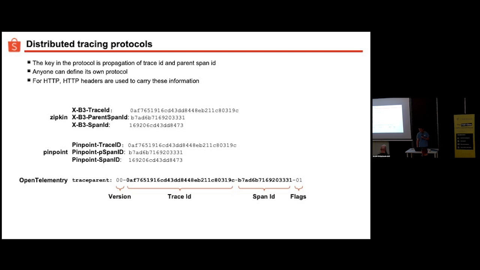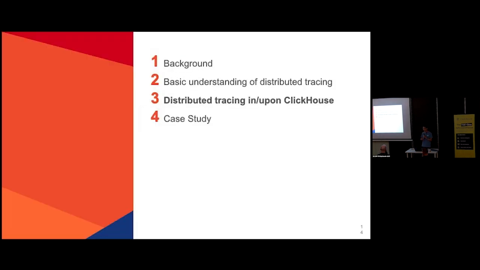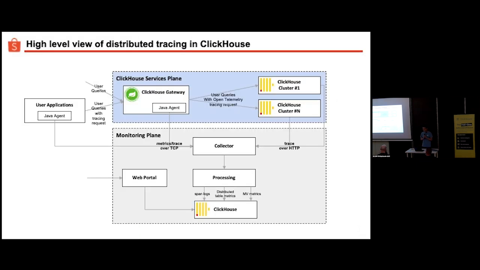So these are the basic information of distributed tracing. What we need to do is to make sure the tracing context is correctly processed and propagated to the next node in the network. So let's see how we do it in ClickHouse. Here is the high-level view of our solution. The upper part of this picture is our service.